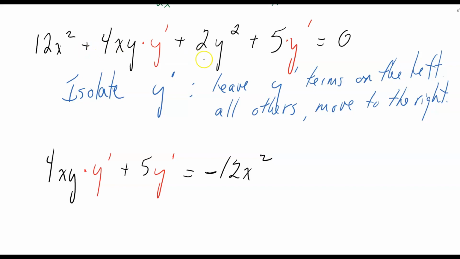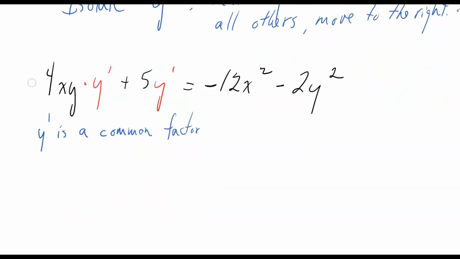And we're moving the 2y squared as a minus 2y squared. And that's everything. Now, remember, we still want to isolate y prime. Y prime, right here, y prime is a common factor. That's why we left those terms together. Factor it out.